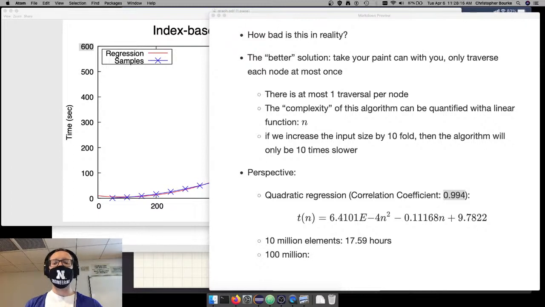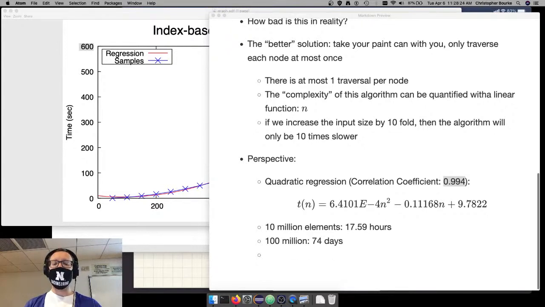Right? What if I went to 100 million elements? That's 100 times as slow as 17.5 hours. Now what are we talking about? 74 days. Right? What if we went up to 1 billion? How long would it take for my little old Mac here to compute that? And by the way, before we go on, is 1 billion large?